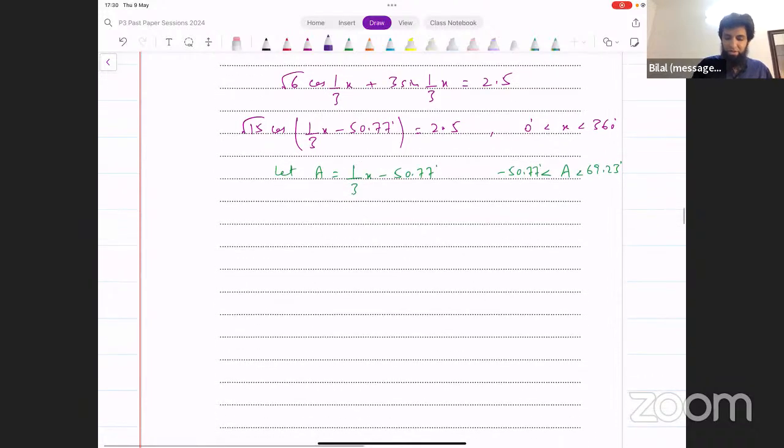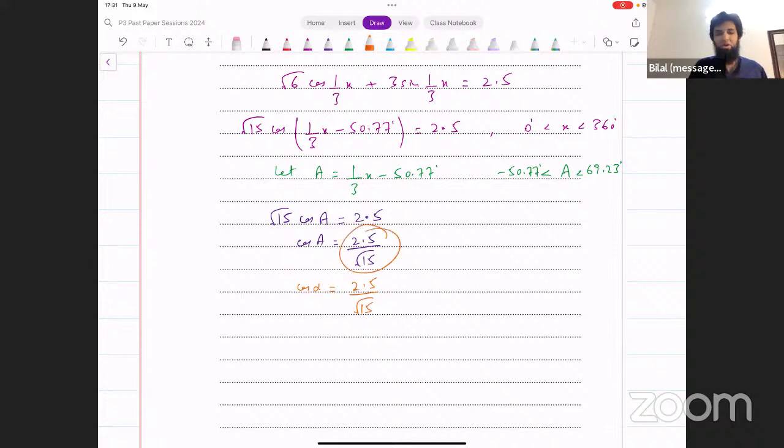Now we write this equation like this. We say this is under root 15 into cos of A, that equals 2.5. Cos of A equals 2.5 over under root 15. Now you find the basic angle. How do you find the basic angle? You say cos alpha equals 2.5 over under root 15. Alpha represents the basic angle. This is already positive.